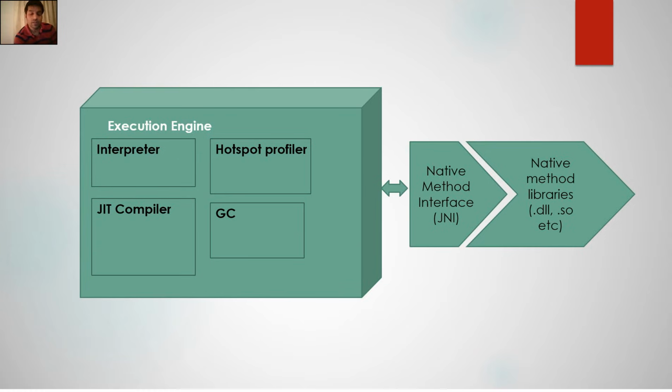Now let's talk about the garbage collector, which is responsible for the scavenging process, which cleans up unused classes, objects, and memory areas. Garbage collector is a very vast topic, so I won't go into details, but it's part of the execution engine. That kind of summarizes the JVM architecture.